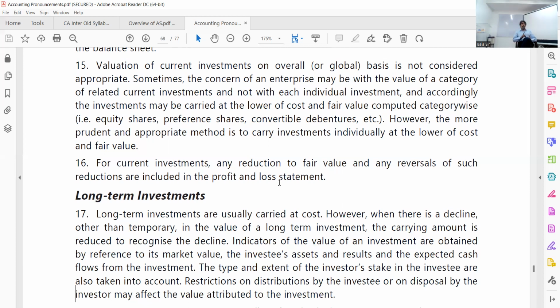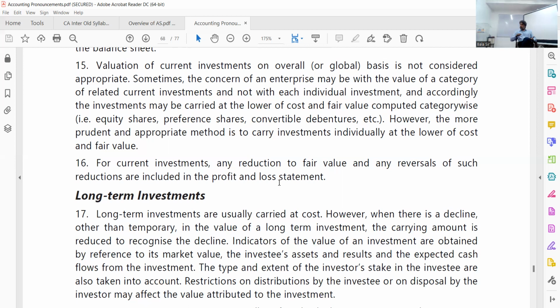No, they're meant for consumption. But if you're a vegetable vendor, then you want to know the NRV. Why? It's inventory for you. Then the fair value matters. It's as simple as that.